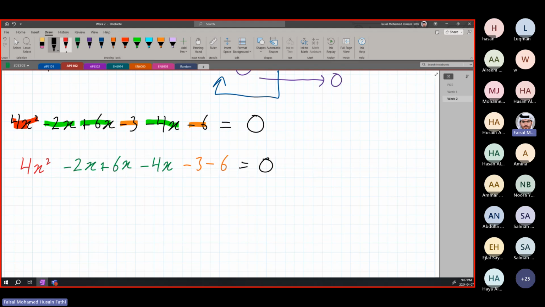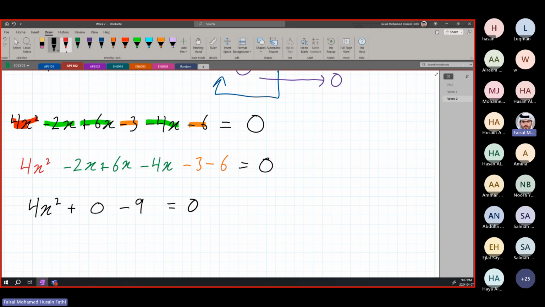And then simplifying this, it is 4x squared, then minus 2 plus 6 minus 4 is 0. When we do minus 2 minus 4, it's minus 6, plus 6, it's 0. Minus 3 and minus 6 is going to give us minus 9, which is equal to 0.